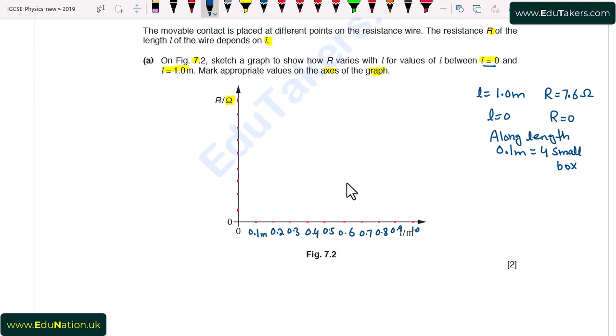The second scale is along the y-axis, that is for resistance. Here I suppose that 1 ohm resistance will be equal to 3 small bars.